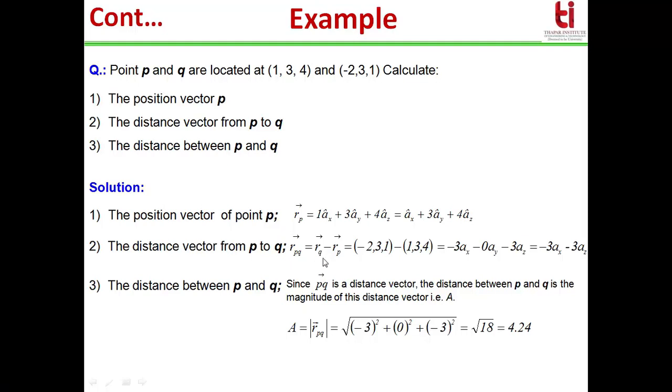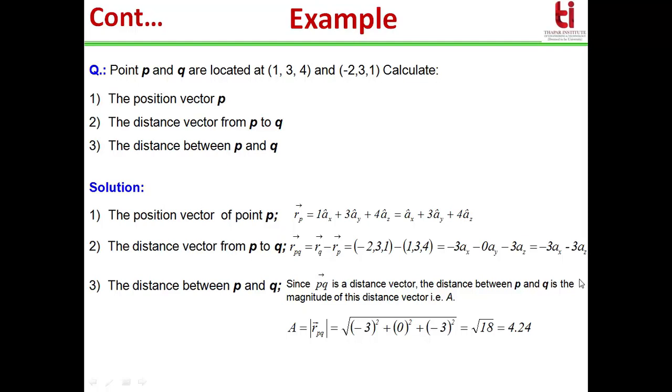That is vector Q minus vector P. So the position vector of Q is -2, 3 and 1 minus the position vector of P, that is 1, 3 and 4. After solving we will get -3ax minus 0ay minus 3az, that is basically minus 3ax minus 3az.